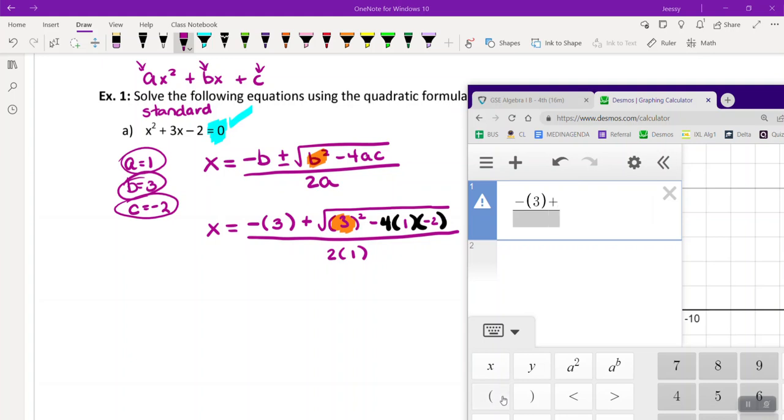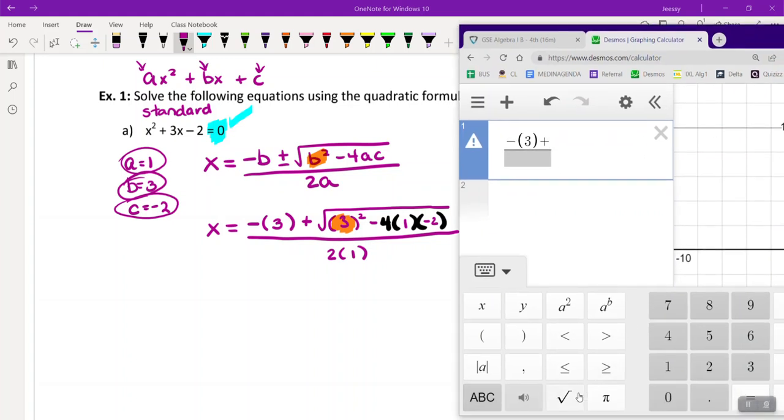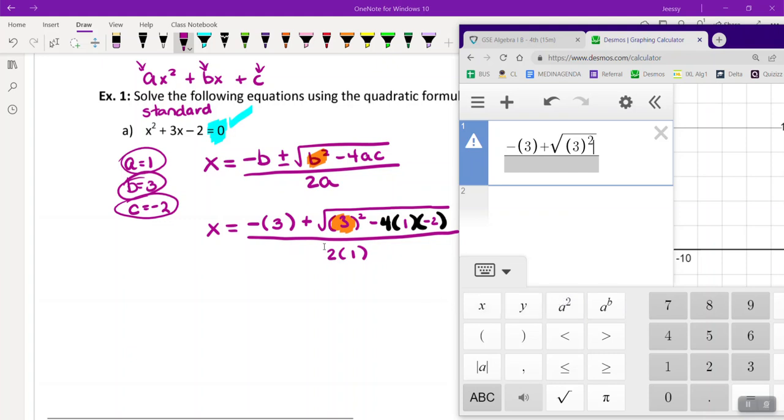Plus, I need to move the window up a little bit. Square root. All right, so you see, put the 3 squared inside the radical sign. When I do the subtract 4ac, just make sure that this does not happen to you.